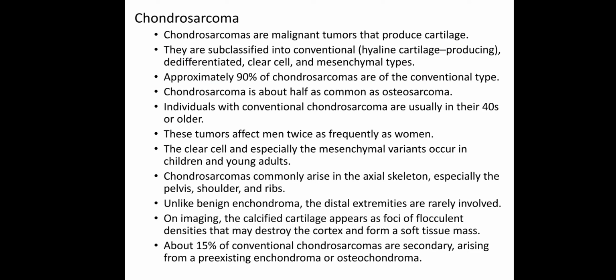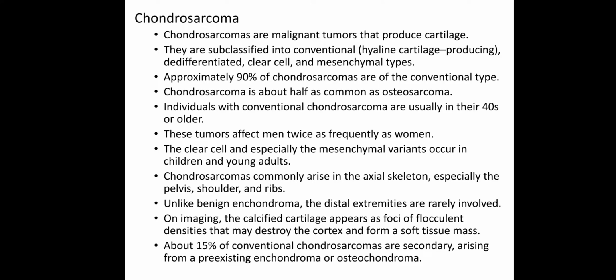Now we come to Chondrosarcoma, are malignant tumor that produce cartilage. They are subclassified into conventional اللي هو highly cartilage producing tumor and differentiated clear cell and mesenchymal type. 90% من الكوندروساركوما are of conventional type اللي هو main type.